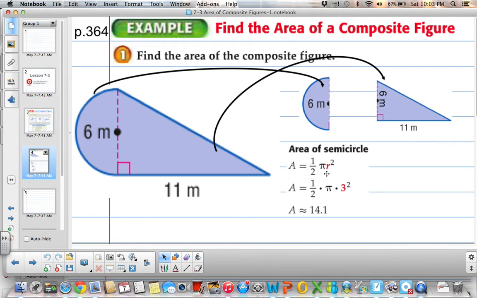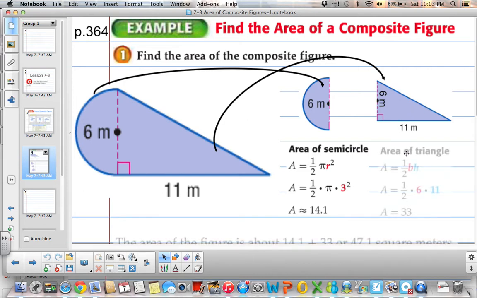But we need to use the radius in the area for our circle, so we divide it by 2. And then we're multiplying by half because it's only half of a circle. So 1/2 times pi times 3, because 3 is half of 6, squared. And we get approximately 14.1.